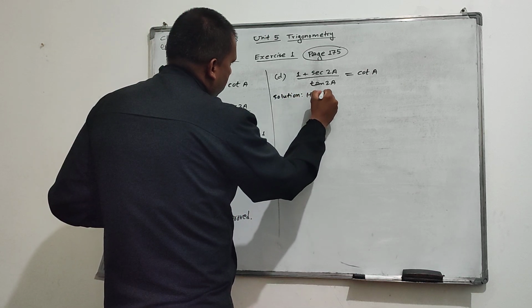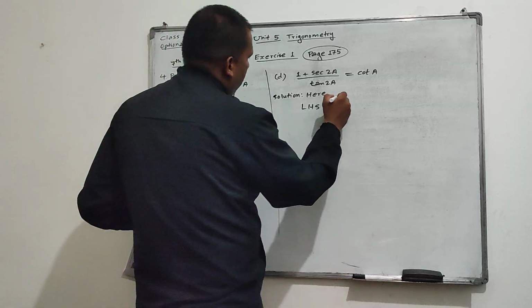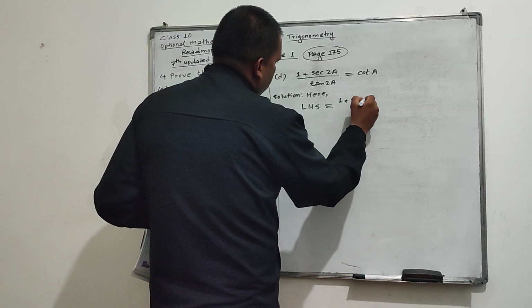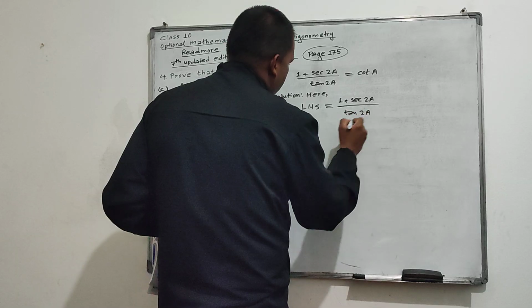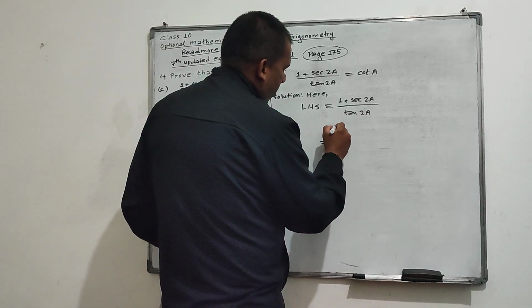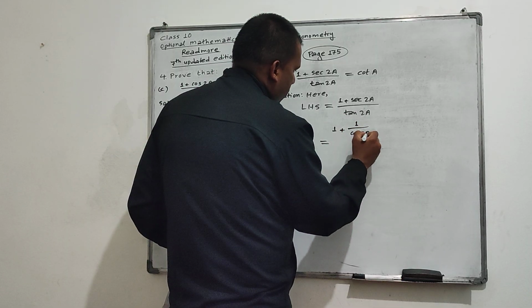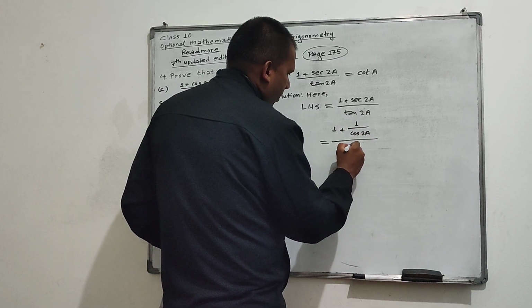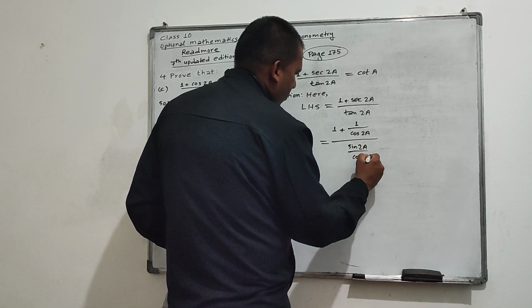Here, left hand side, LHS, equals (1 plus sec 2a) whole upon tan 2a. Now convert this into sine cos form. 1 plus sec 2a, that is 1 by cos 2a, whole upon tan 2a, that is sin 2a upon cos 2a.